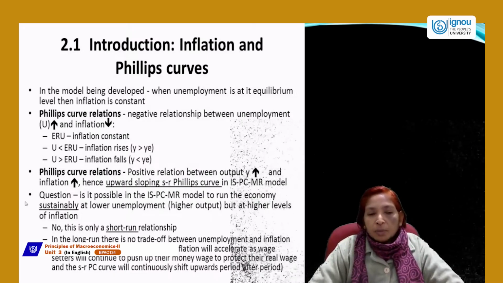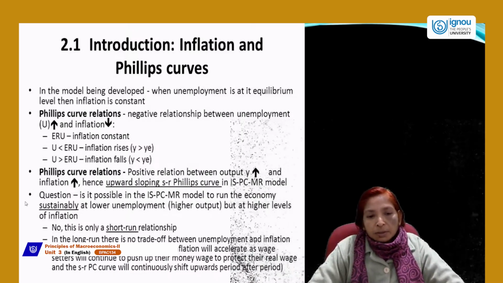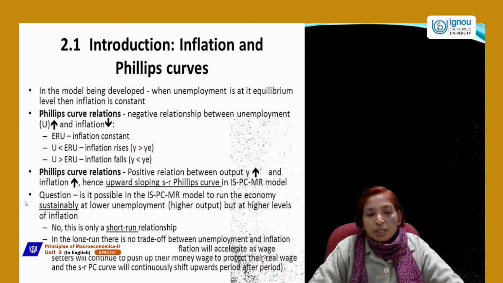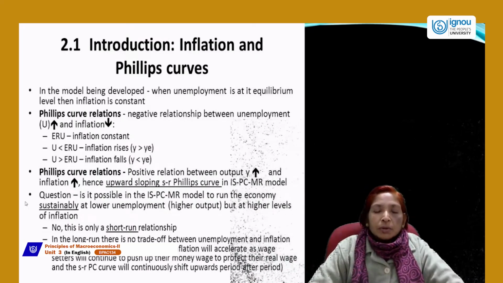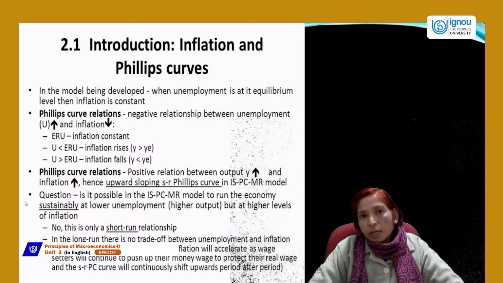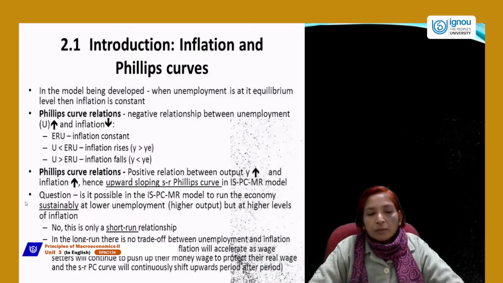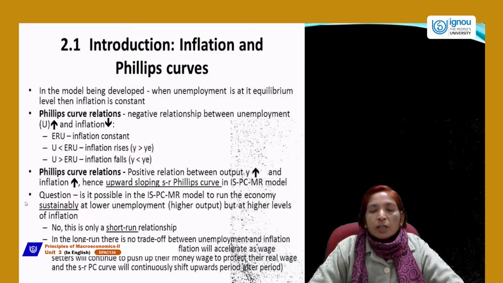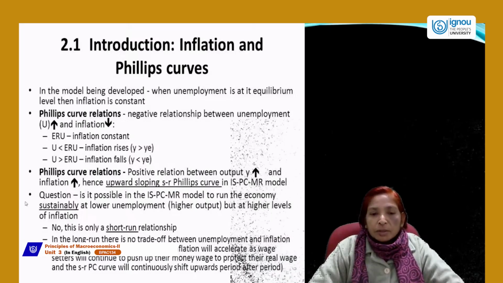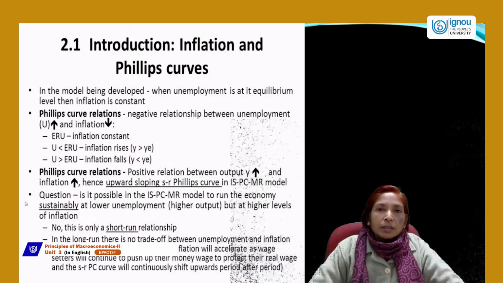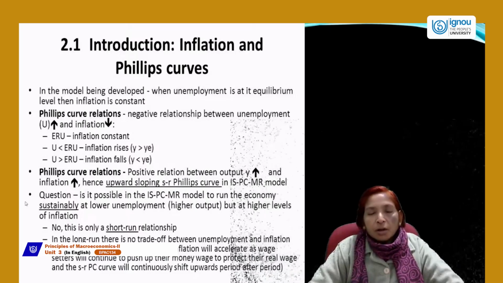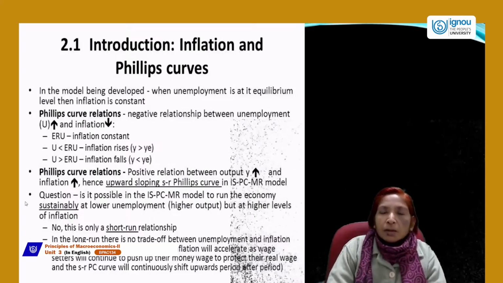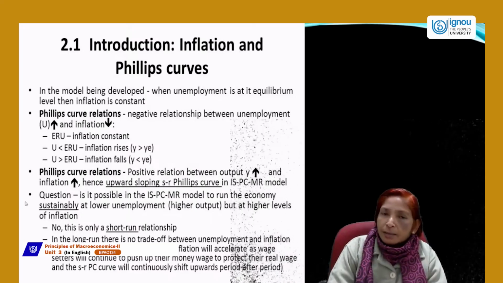If you hold output above potential, then inflation will accelerate as wage setters will continue to push up their money wage to protect their real wages, and the short run Phillips curve will continuously shift upward period after period. But in the long run, the Phillips curve will be vertical, or parallel to the y-axis.